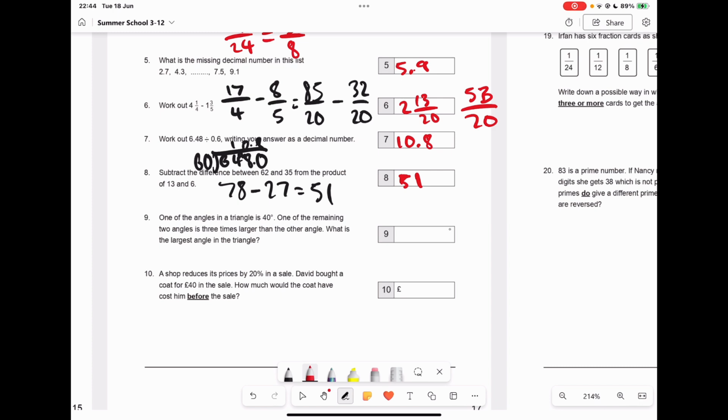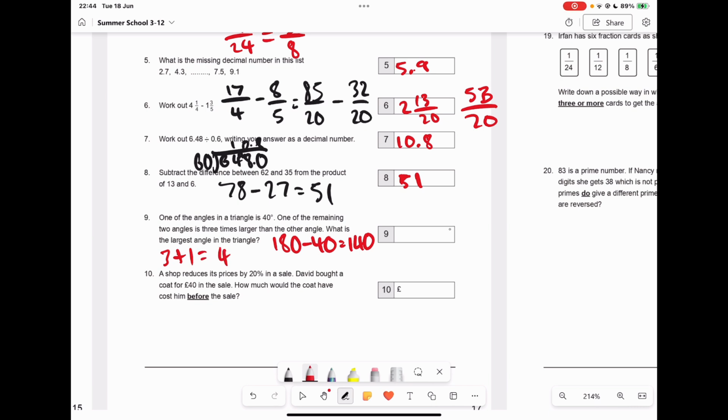So we know that there is a 40-degree angle, and we know that there is 180 degrees in a triangle, so 180 minus 40 will equal 140. And then we know that one of the remaining two angles is 3 times larger than the other, so 3 plus 1, because that's the scale, so 3 to 1 is equal to 4.